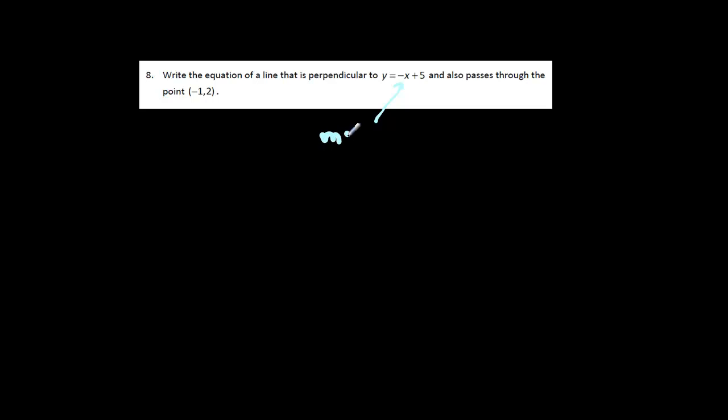So the slope of my new line is going to be positive 1. So if that's my new slope, and here's my point, I can just stick it in point slope form. So y minus y1 equals my slope times x minus negative 1. And that's my answer.